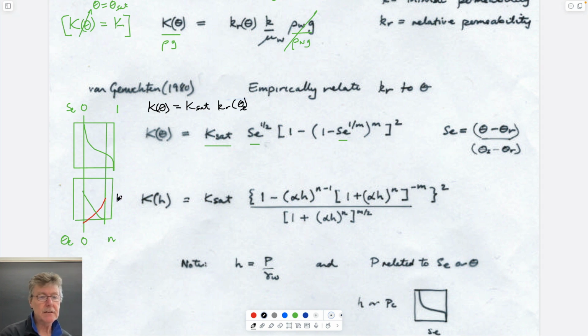And so this is what we call KR, and this is PC, or PC over gamma W, doesn't matter which. So all we're doing is choosing a value of this parameter here, SE at PC, or that's the same as a volumetric moisture content at PC, depending on how we're defining it.